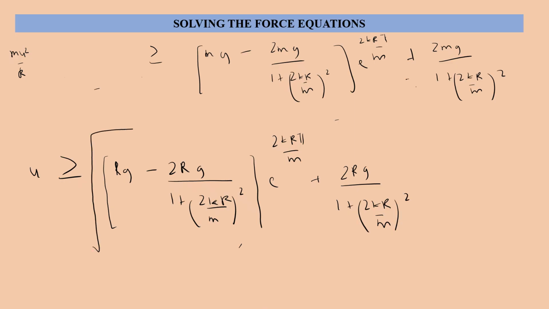So u must be greater than or equal to the right hand side. So the expression on the right hand side is the minimum value of u that we need for completion of the vertical circle. Hope this helps.